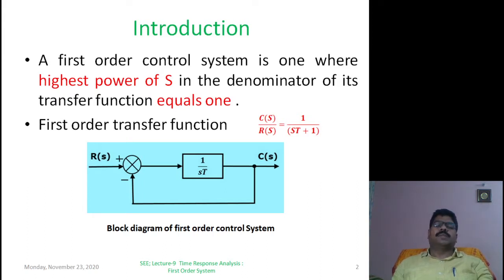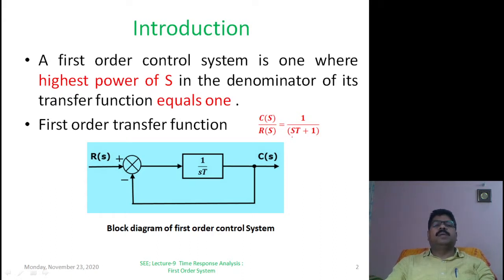So here in the first order control system, you can see that this is the transfer function, and that transfer function represents 1 upon sT plus 1 for the unity feedback control system. Here the highest power of the denominator is 1, meaning s to the power 1.